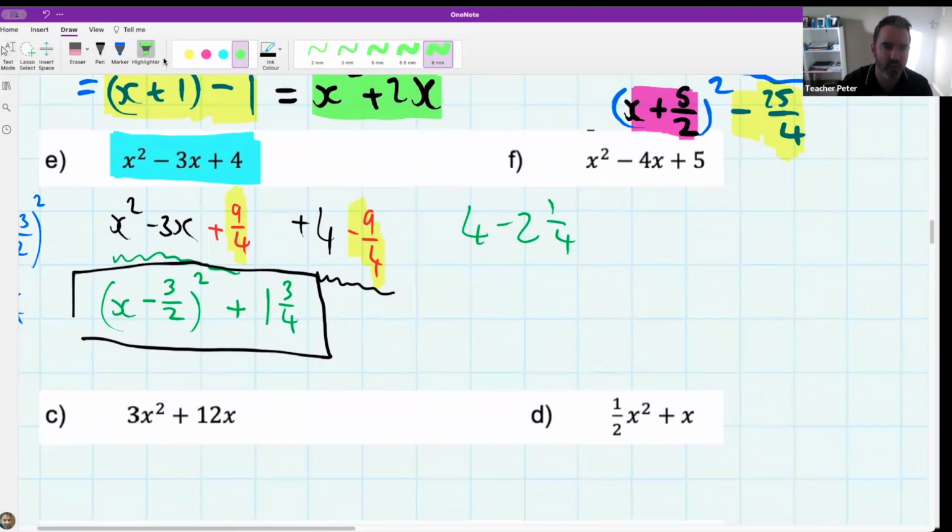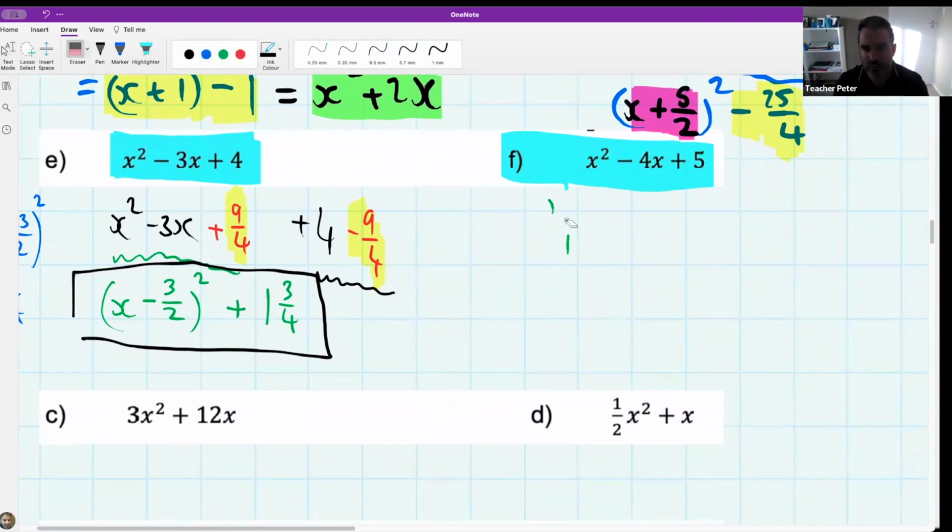Okay, well, let's do another one, because this process gets easy when you do it enough times. I want you to complete the square for f. For this expression.